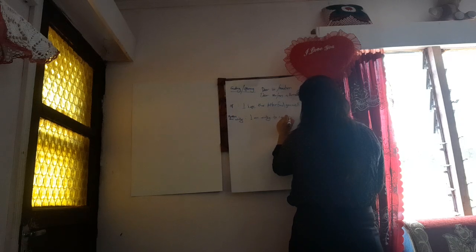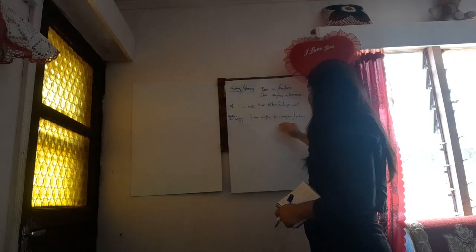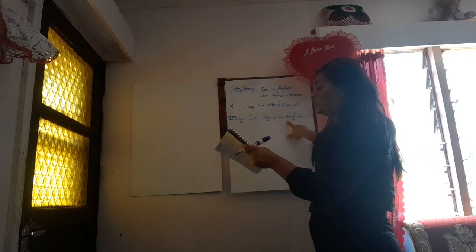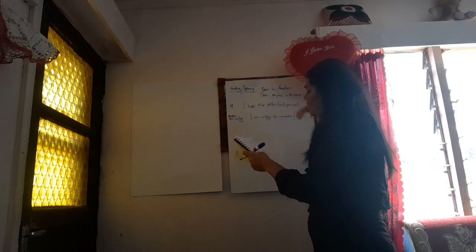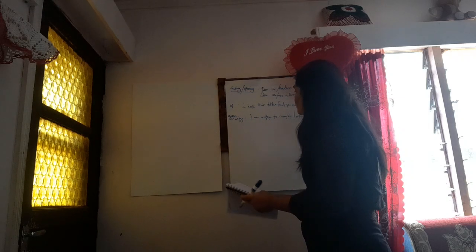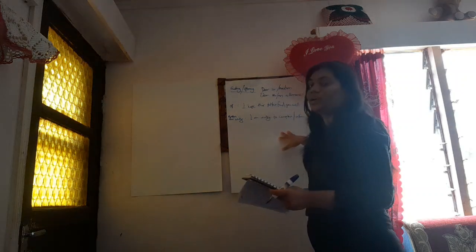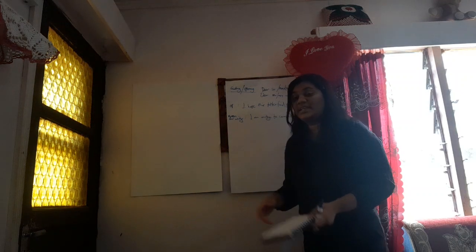This is just an example. "I am writing to inform." "I am writing to request." "I am writing in regards to." This is how you will start this paragraph: "I am writing to."